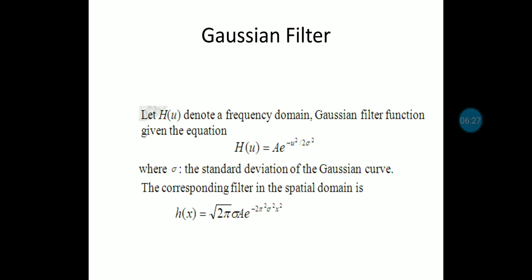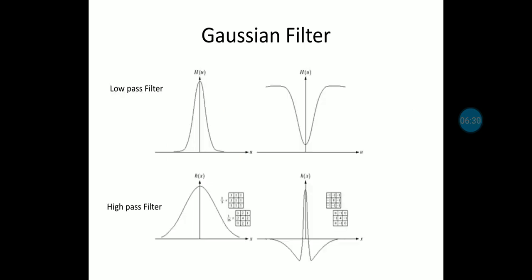If the width of the Gaussian function is smaller, the width of the Fourier transform gets larger. This is controlled by the variance parameter sigma square in the equation. So that is the relation between the Gaussian function and its Fourier transform. And we are able to see the clear representation of the Gaussian filter in low pass filtering as well as high pass filtering.